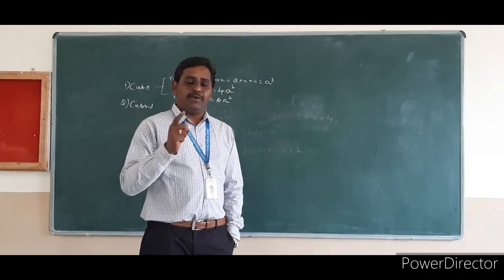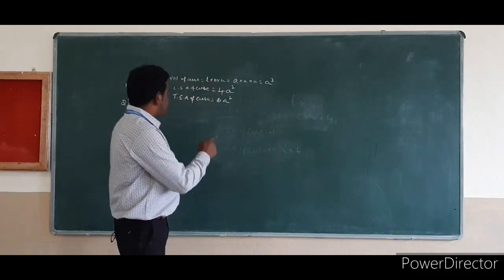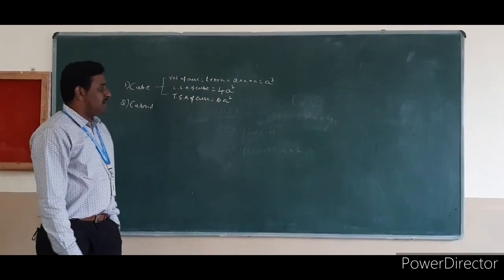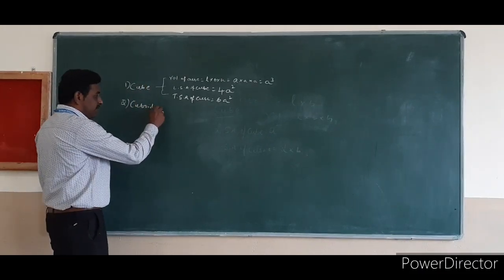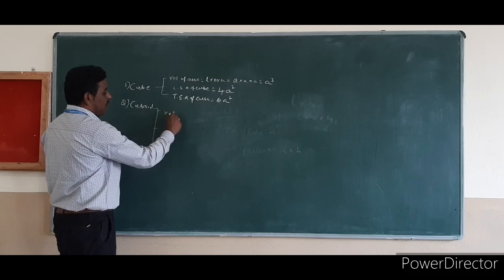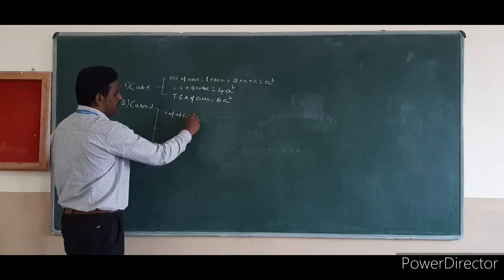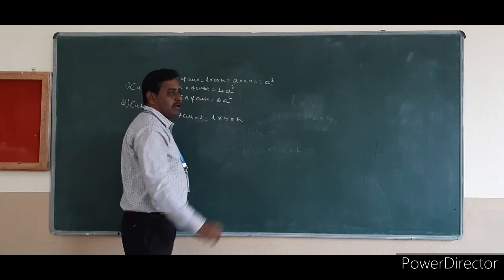In a cube and a cuboid, there are 6 faces, so the total surface area of a cube is 6A square.